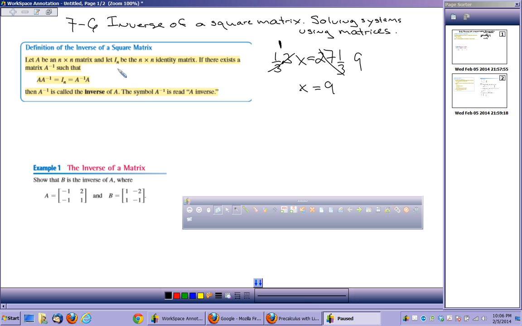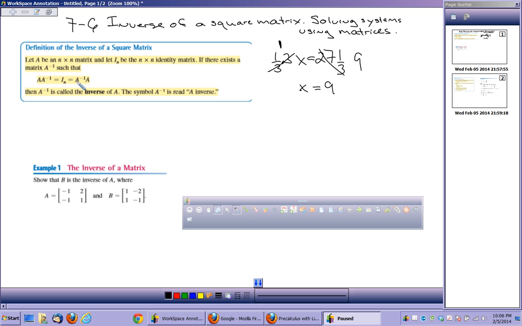Let A be an n by n matrix and let I sub n be the n by n identity matrix. If there exists a matrix A inverse such that if I multiply the matrix times its inverse, I get the identity matrix in either order.